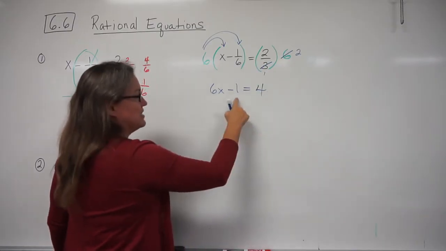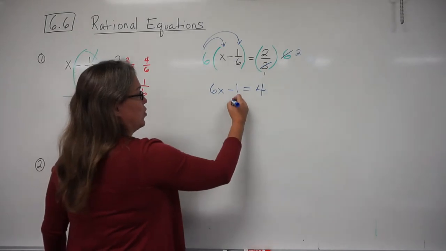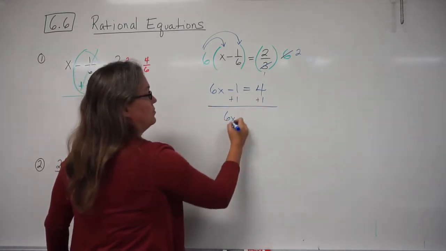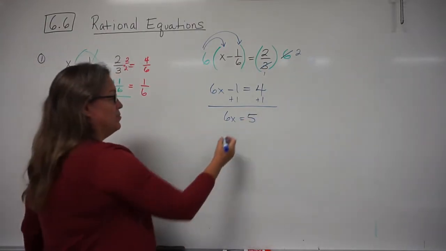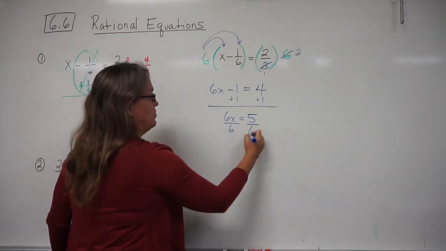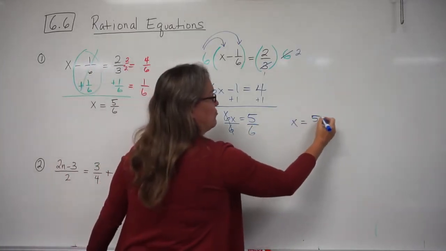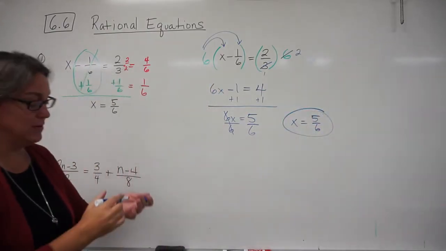So I get 6x minus 1 equals 4. And then we just continue working the problem, but now there are no longer any fractions in the problem. For my last step, I'll divide both sides by 6. My answer will be a fraction, but that's okay. Fractions are numbers. They can be answers to problems, and that's all right.